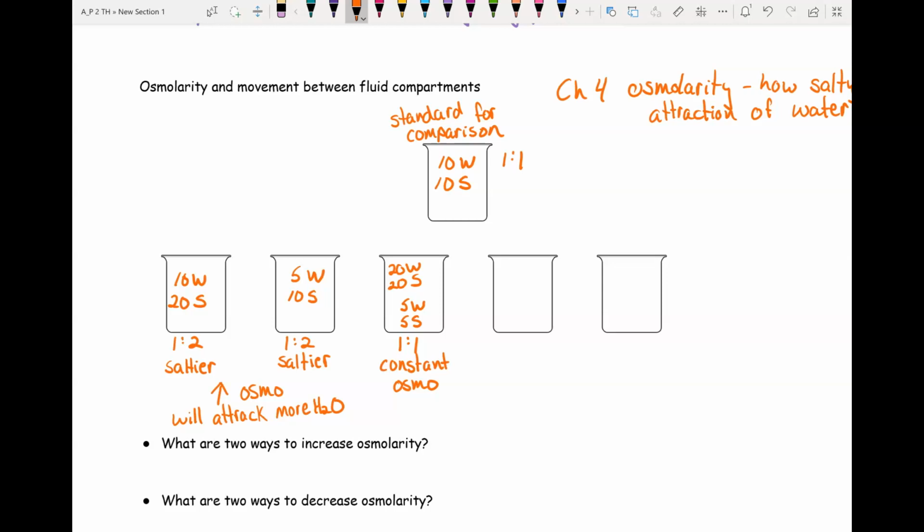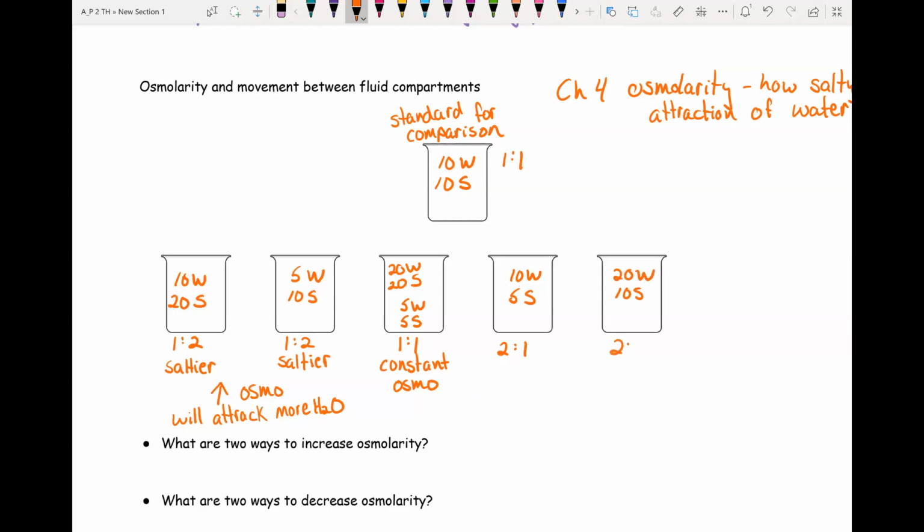Okay, now let's look at how we can reduce osmolarity. So we're going to make it less salty. Well, we can decrease the salt. If we keep the water the same, but we knock the salt down to 5, you now have 2 waters for every 1 salt. Or you can increase the water. So we can keep the salt steady at 10, but we can double the water.